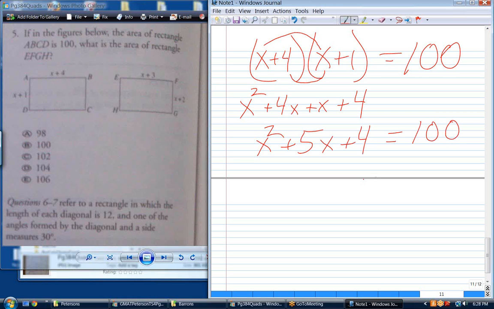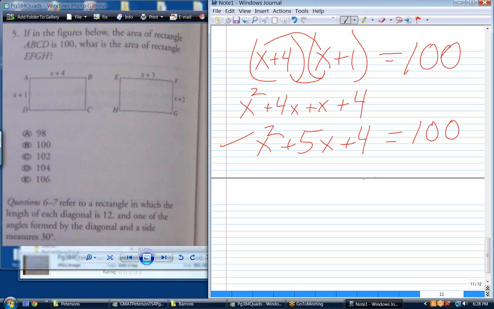Well, can you just factor it? You can. How would I solve this problem? There's going to be a shortcut, but if I didn't have this shortcut, what would I do next to solve this? How do I solve that quadratic? Well, you could say x squared plus 5x is equal to 96.